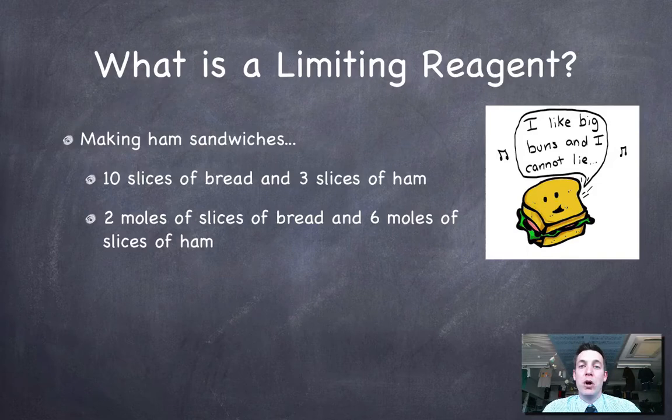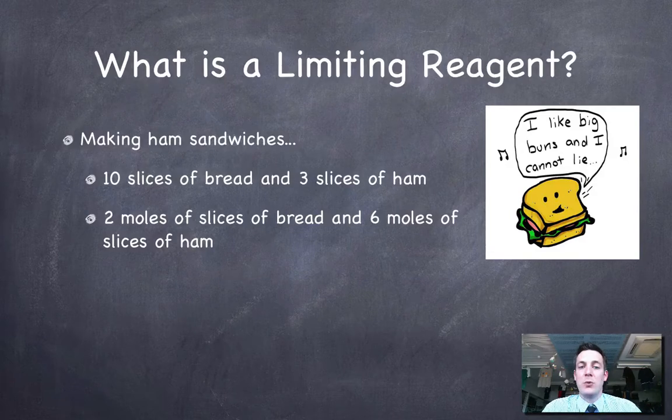Similarly, if I had 2 moles of slices of bread, which is clearly a fantastic quantity of bread, and 6 moles of slices of ham, which equally is a lot of ham, how many ham sandwiches would I be able to make?